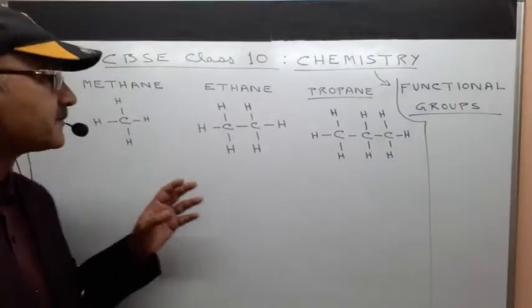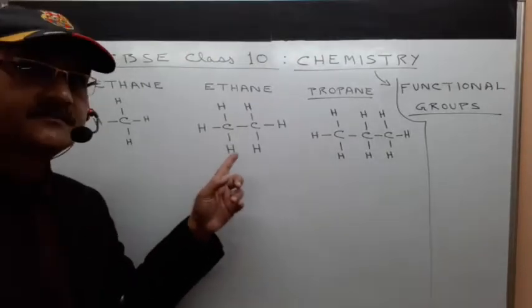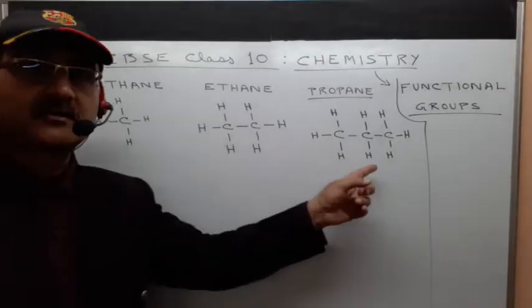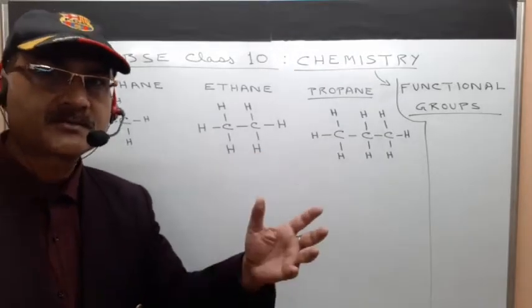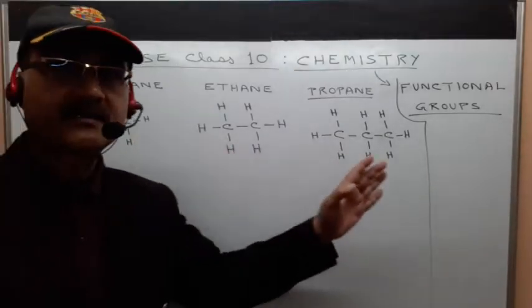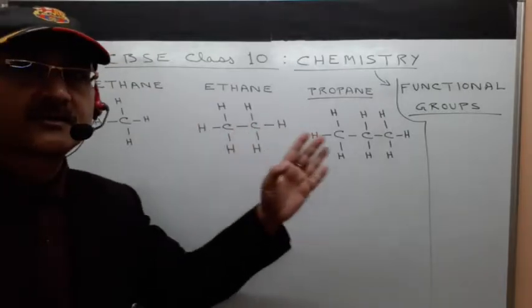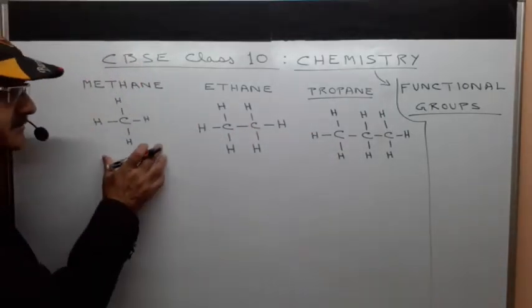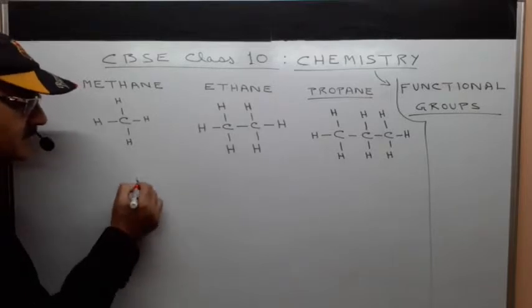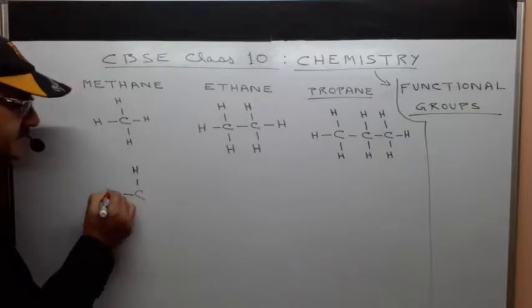But if we replace one hydrogen of a hydrocarbon with another atom or a group of atoms, they become very reactive. Their chemical properties change. So say in methane, this is methane.